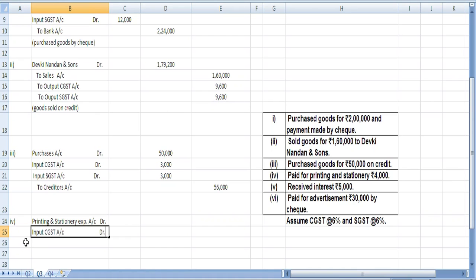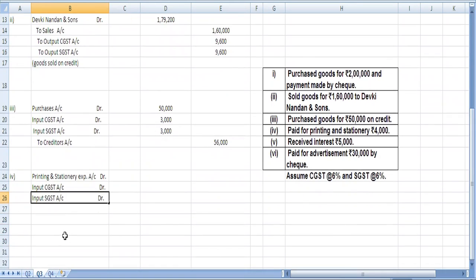This also we will debit, input SGST account. This also we will debit, and this is paid, nothing is written here, so we will assume that this is paid in cash. So we'll write here to cash account.